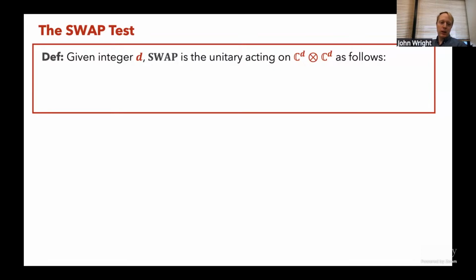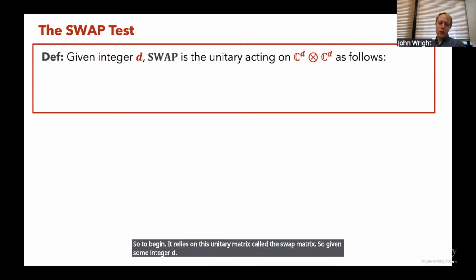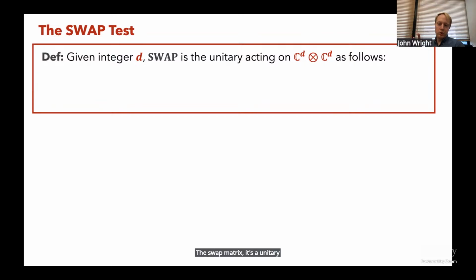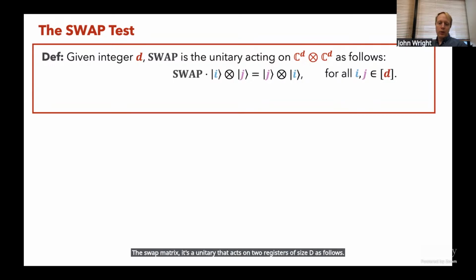To begin, it relies on a unitary matrix called the swap matrix. Given some integer d, the swap matrix is a unitary that acts on 2 registers of size d as follows. If you give me ket i tensor ket j and I apply the swap unitary to it, it will output ket j tensor ket i.